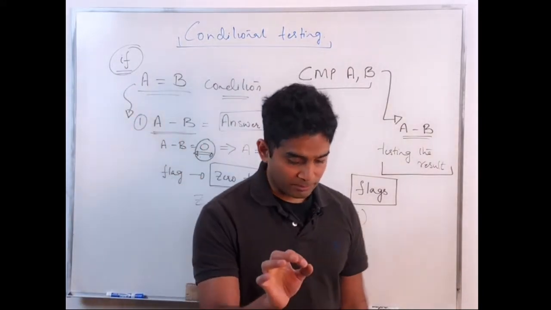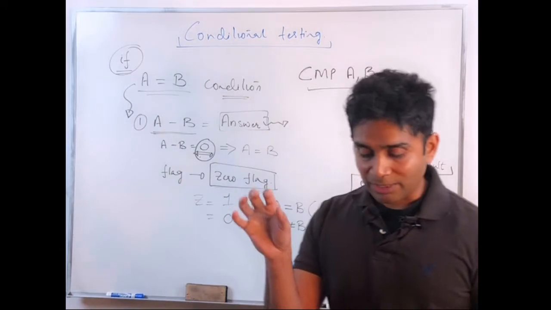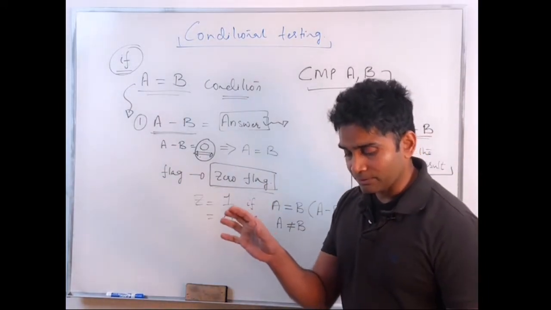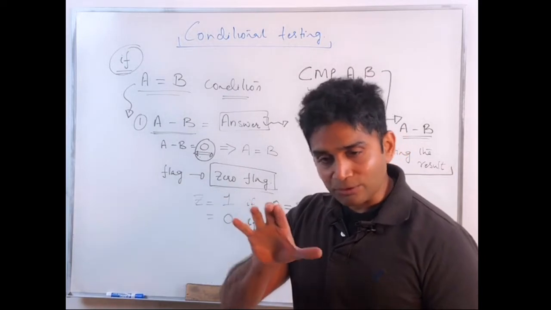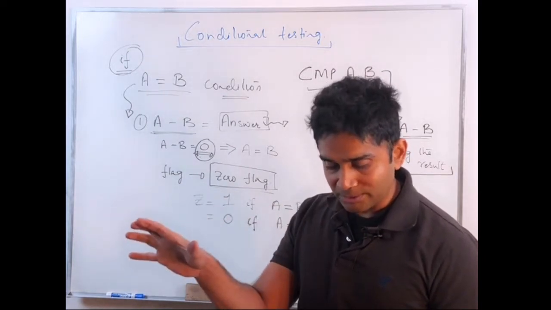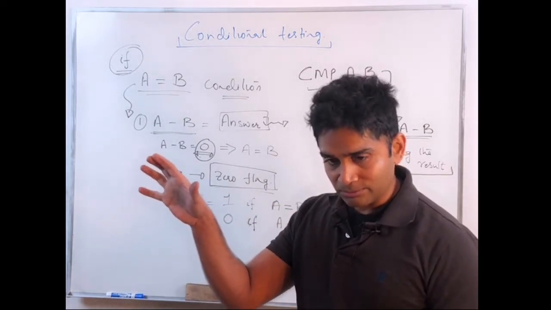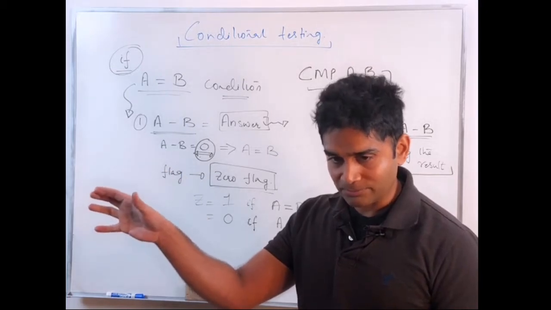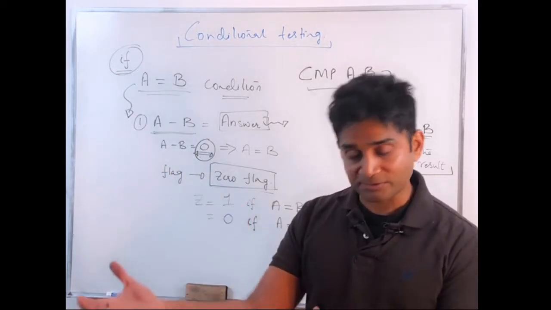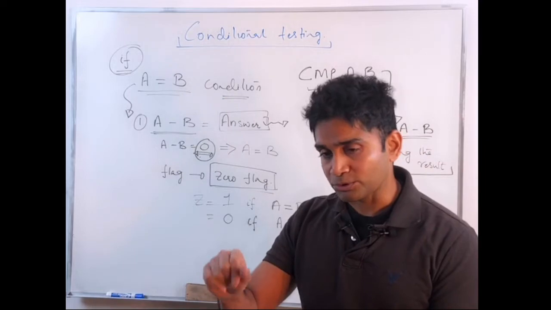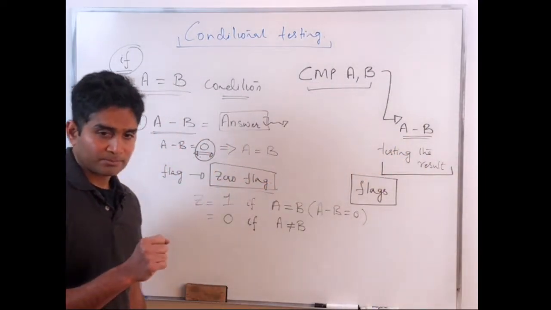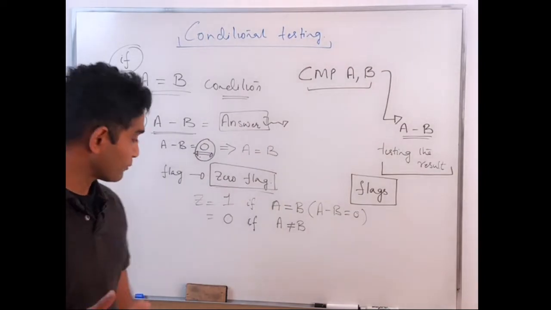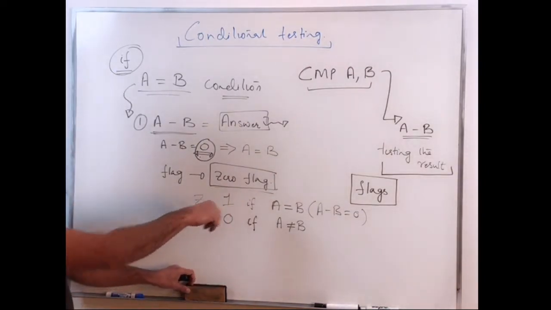That means I would have to come up with an output which indicates a 1 if the answer is all zeros, and a 0 if the answer is not 0. That's how I define the 0 flag.